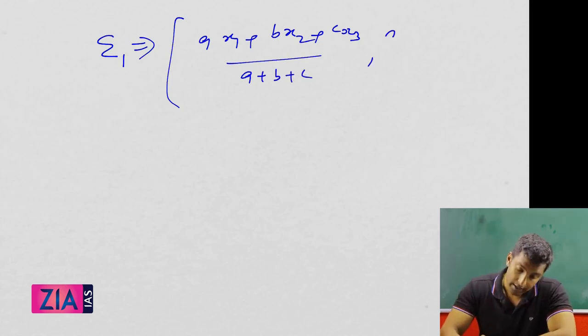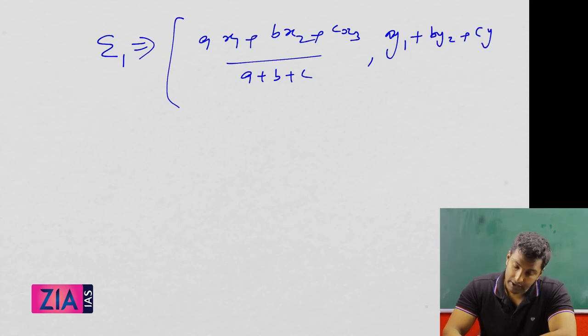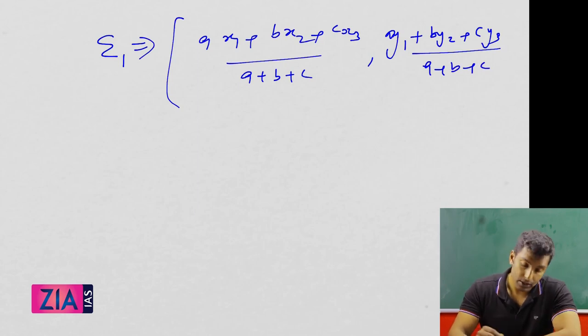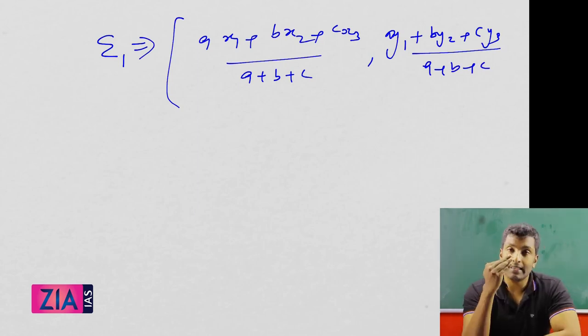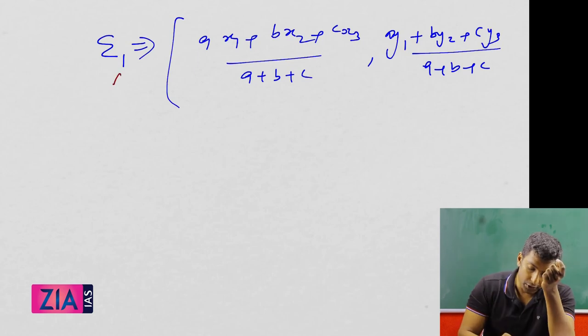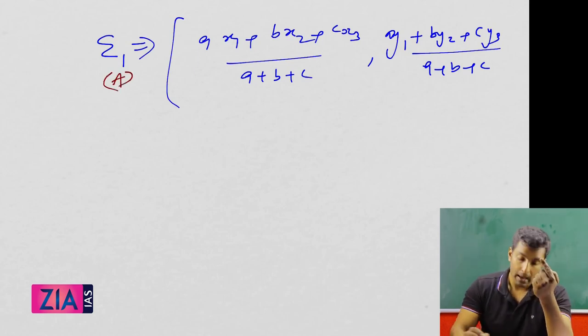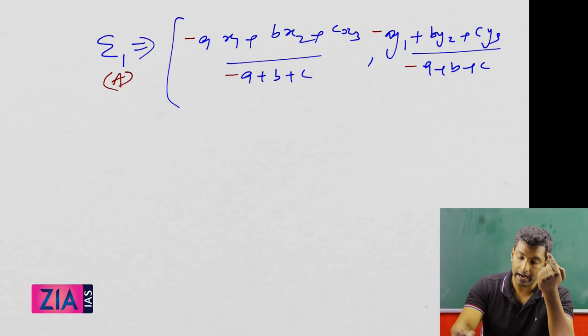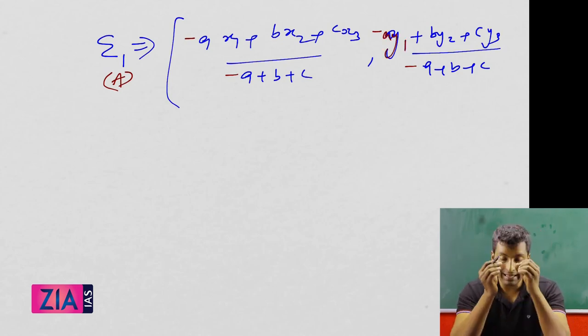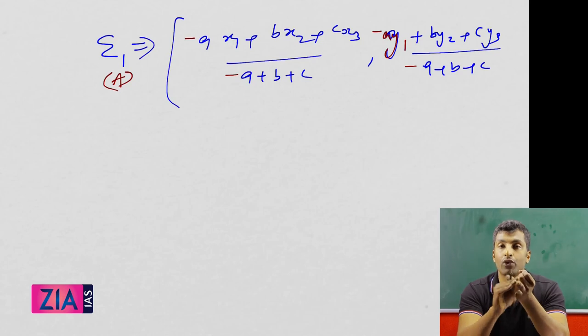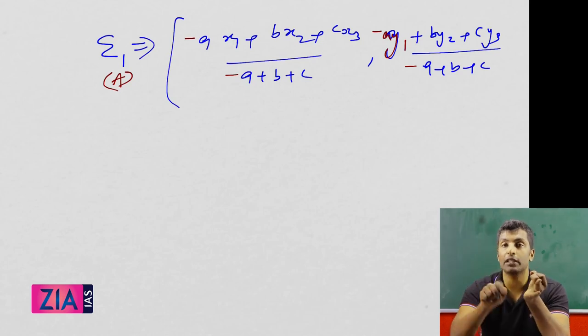What about the y coordinate? ay1 plus by2 plus cy3 divided by a plus b plus c. So what we need to do here is, for Excenter 1, if this is opposite to a, put a negative on a. So in the equation of Incenter, put a negative, and what you are getting is the Excenter opposite to a.